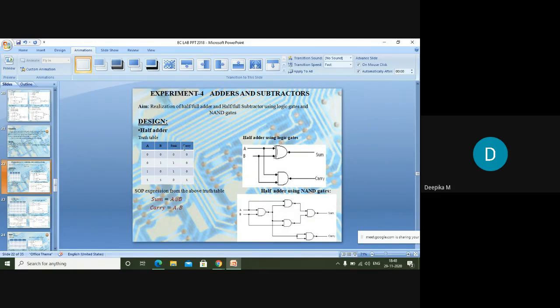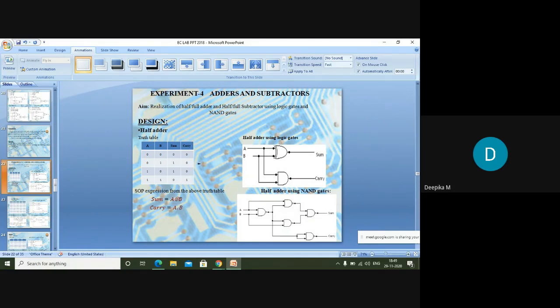I can usually find it in the XOR gate. In the XOR gate, only when one of the inputs is 1 and the other is 0 will you get the output as 1. So this is the truth table output with respect to the XOR gate, which is nothing but A XOR B.